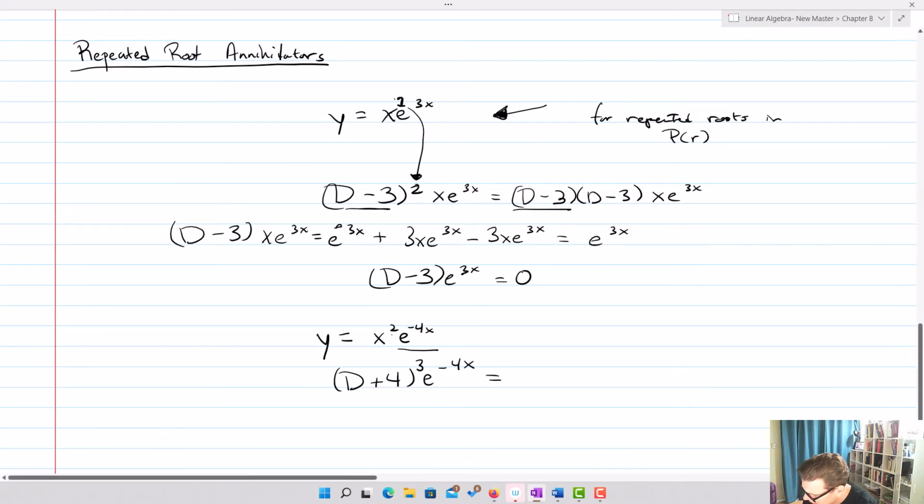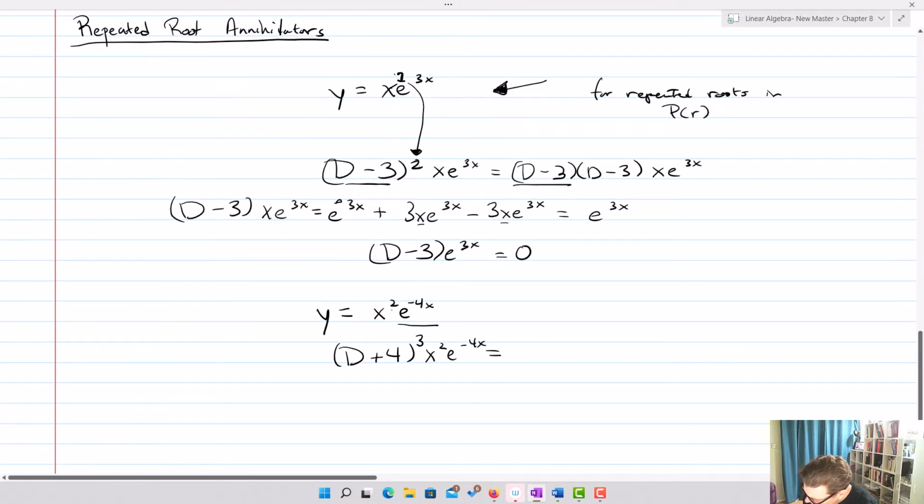And you'll actually see that we'll have the same thing happen as we had before. We'll reduce in power each and every time. You can go in and check it. Okay, let's do that. It's x squared e to the negative 4x. So we've got d plus 4, and then d plus 4 squared, because it's cubed, applied to x squared e to the negative 4x.